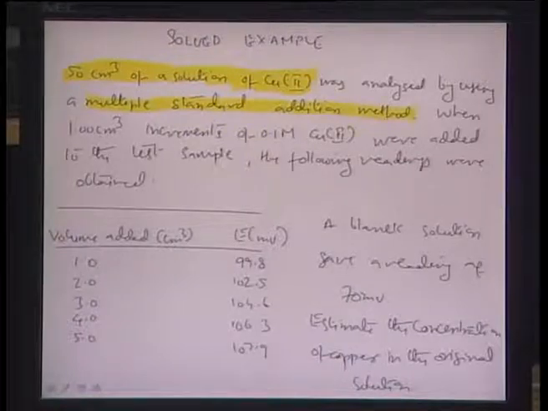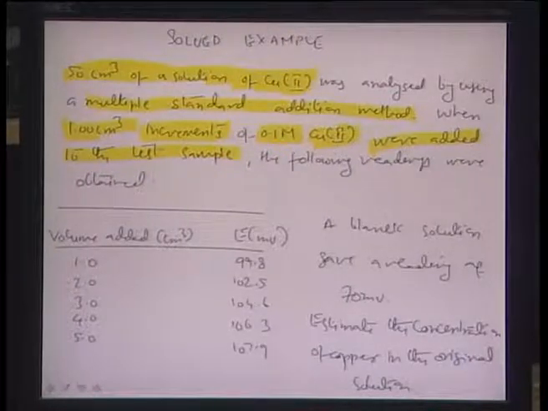It is found that 1 centimeter cube increments, that means every time the volume of the standard solution added is 1 centimeter cube, of 0.1 molar Cu2+ is added. So 0.1 molar is basically the value of the known standard concentration of the additive solution, and they were added to the test sample and their EMF readings were taken.